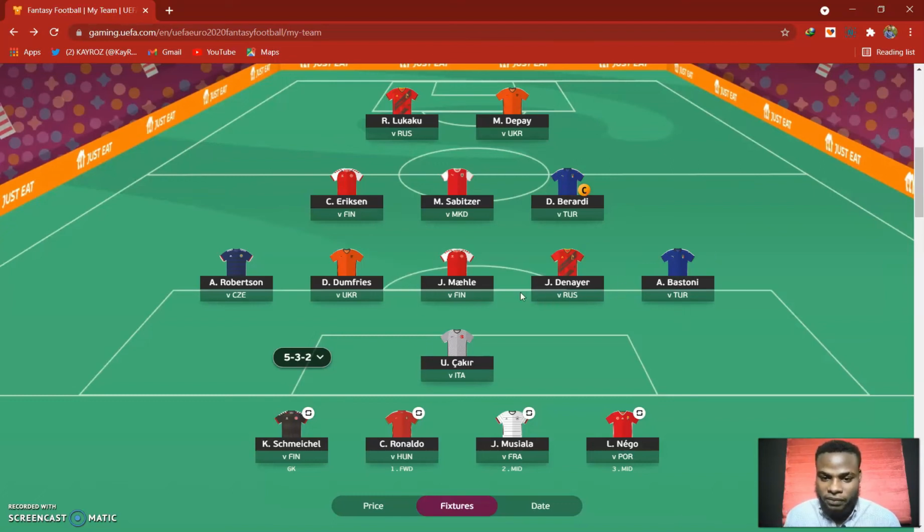I have a few defenders I'm looking at, like Pau Torres of Spain, but I just need a little bit of confirmation that he is not infected with COVID like most of the Spanish camp. Currently they are in isolation, so that's on hold for now. And then my other defensive picks, we have Jason Denayer of Belgium.